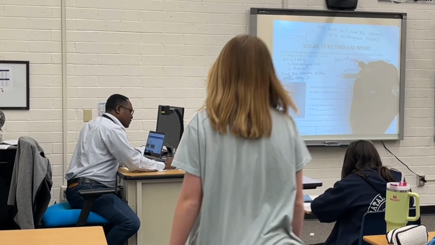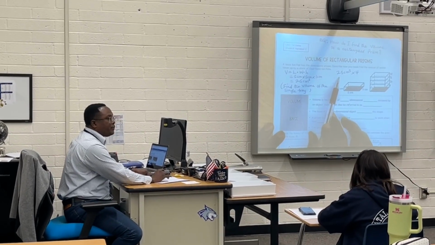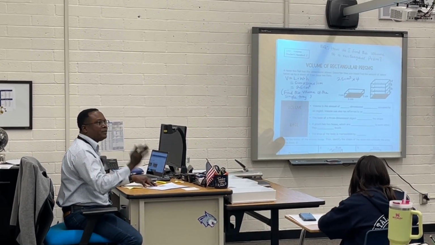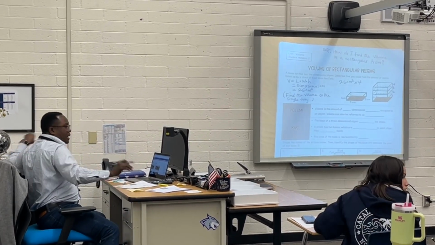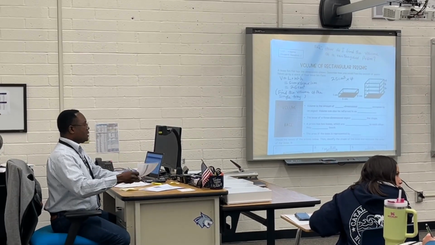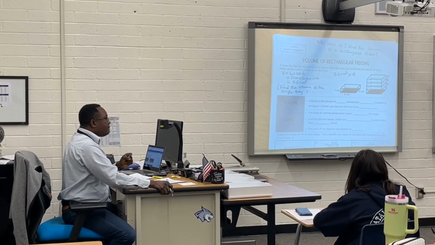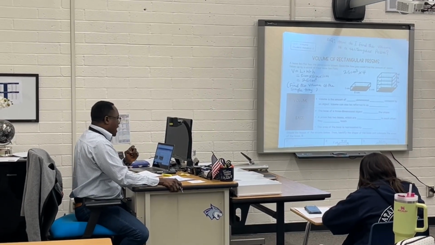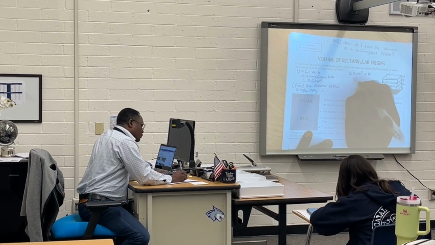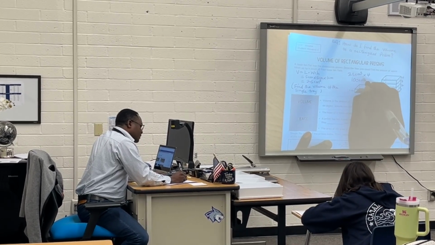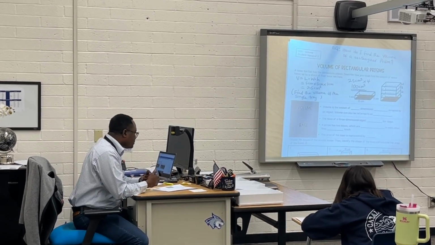The 4. Good. And that will give us how much? So multiply 25 by 4. Yes, 100. Yes, Reza. 100 centimeters cubed. So this will give us 100 centimeter cube. That will give us the 4.